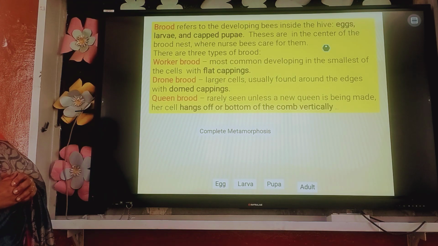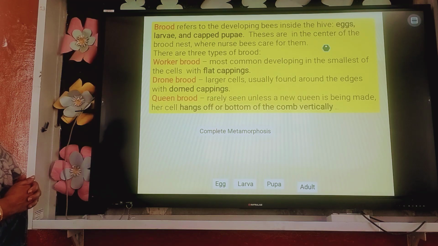There are 3 types of brood. Number 1, worker brood, the most common, developing in the smallest cells with flat capping. Then the drone brood, which is in larger cells, usually found around the edges with domed capping.